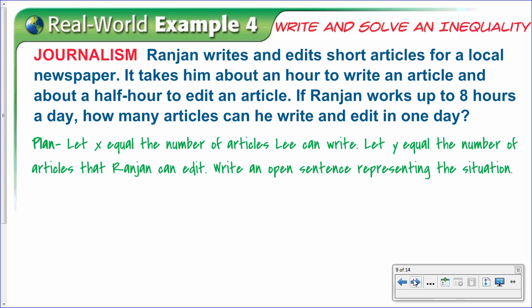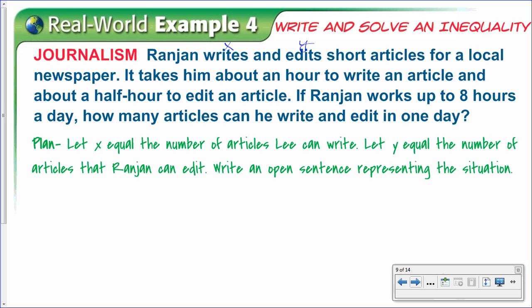Okay, so Brandon writes and edits short articles for our local newspaper. How many things does he do? Does 2, doesn't he? He writes, which will make X, and he edits, will make that Y. Everybody with me? Okay, so short articles for a local newspaper, it takes him about an hour to write.